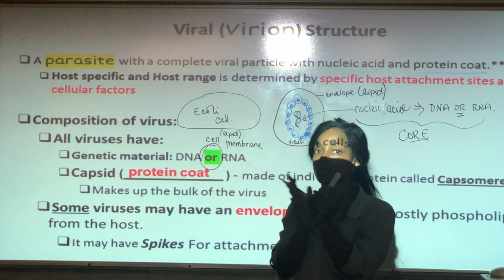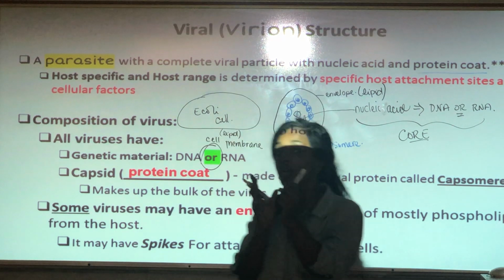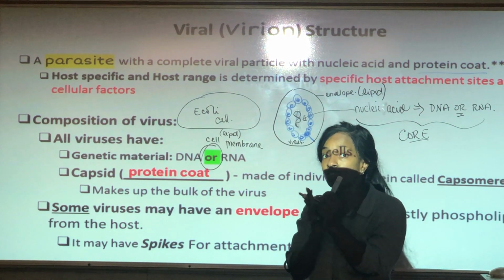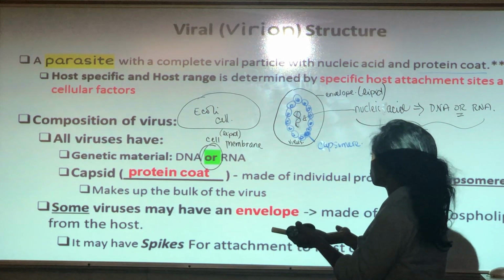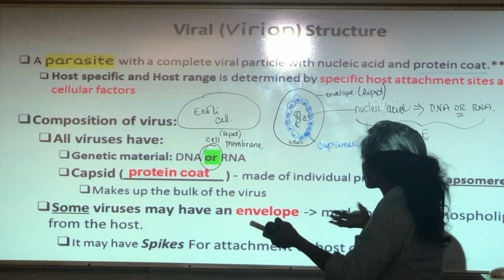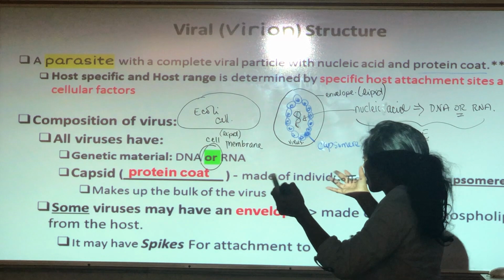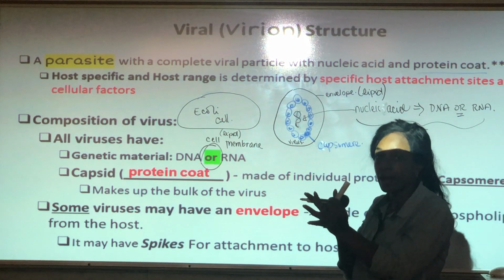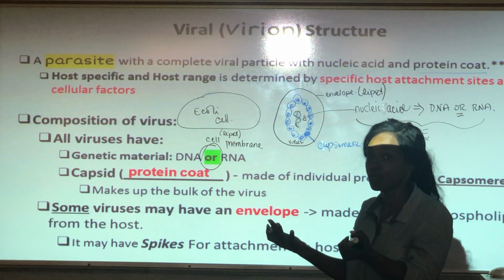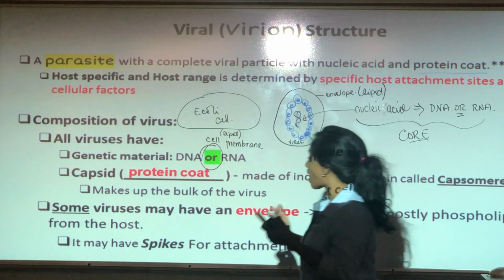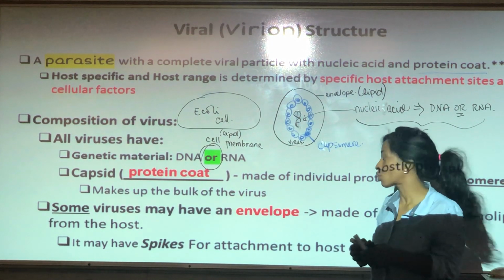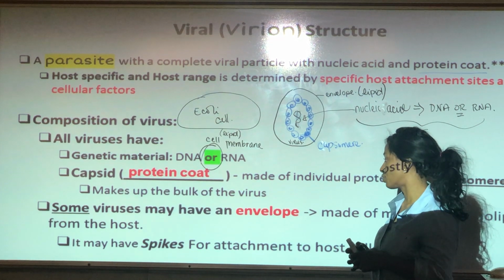It's easier for these two to stick together because they have the same lipid structure. So E. coli is not going to do anything to it, and the virus is going to be able to attach to E. coli and enter, right? So it gives the virus an advantage to enter some of its host cells if they have an envelope.